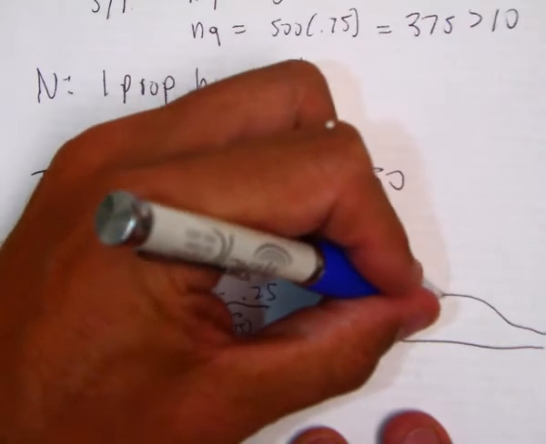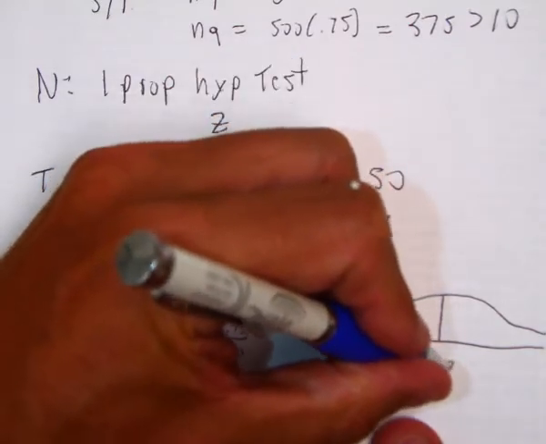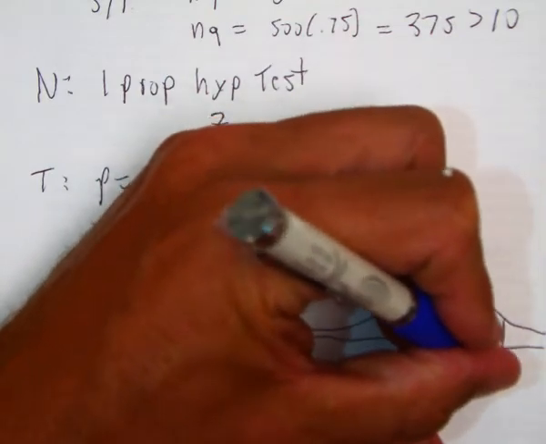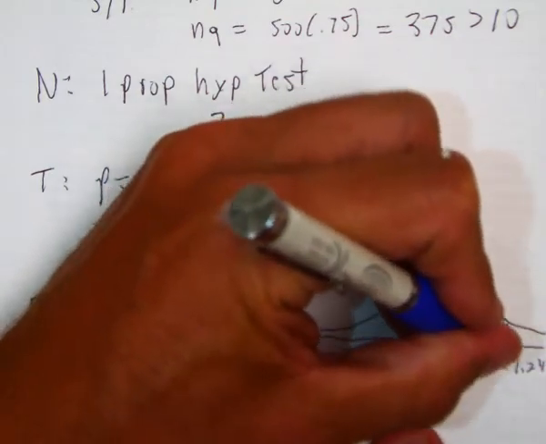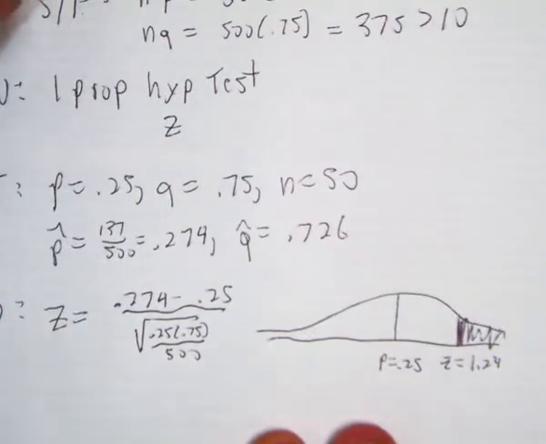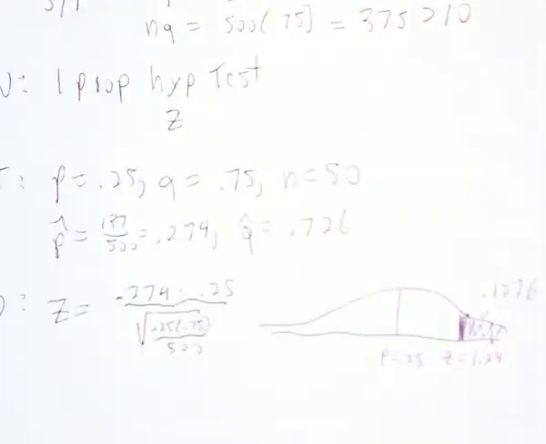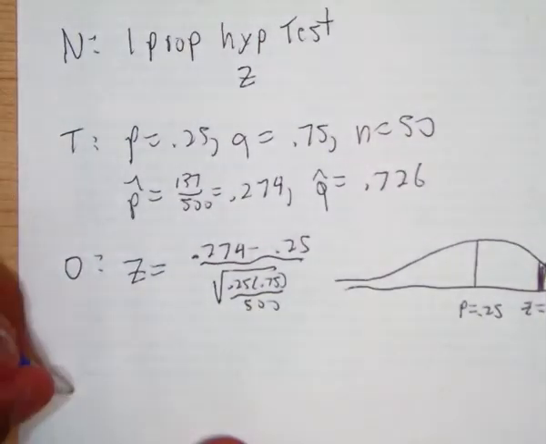So this would be a P value of 0.25, and this is a Z of 1.24 shaded in, and this is 0.1076. And then the last thing is make a decision.